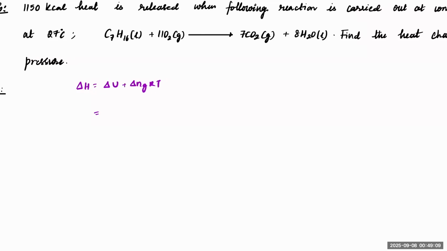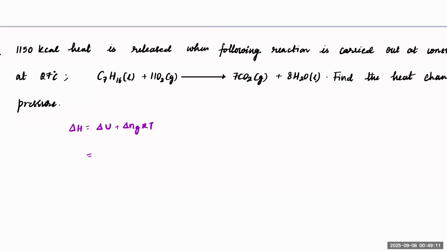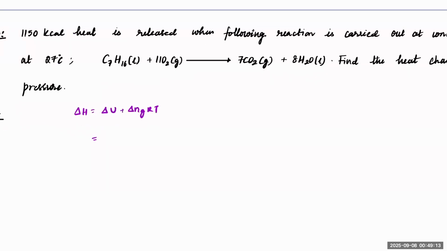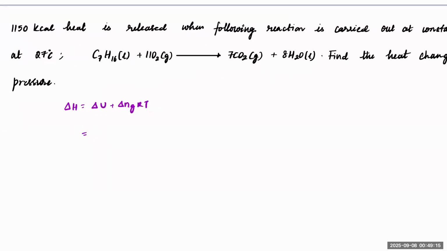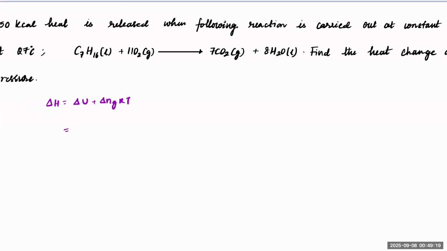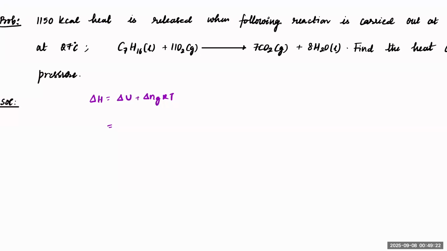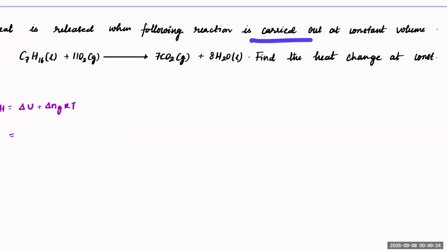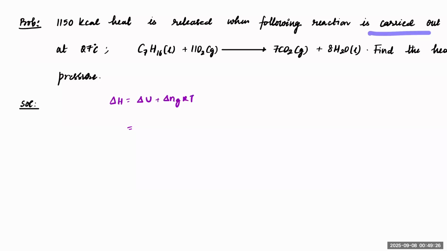And delta H in this case, that is what we need to follow. This much amount of heat is given at constant volume. So delta U is given as 1150.